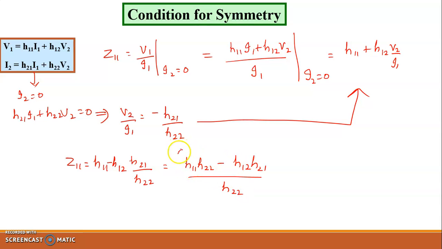Here you can write H11 H22 minus H12 H21 as delta H, so Z11 is delta H by H22.